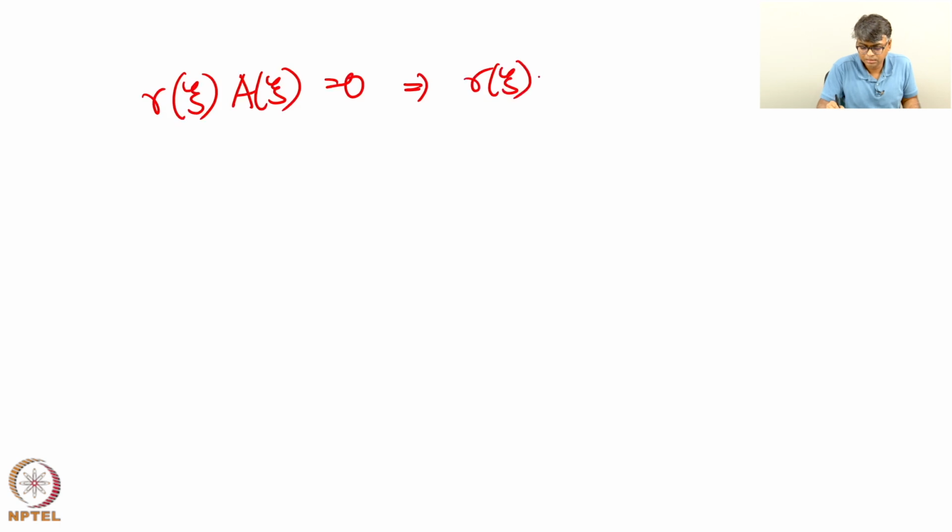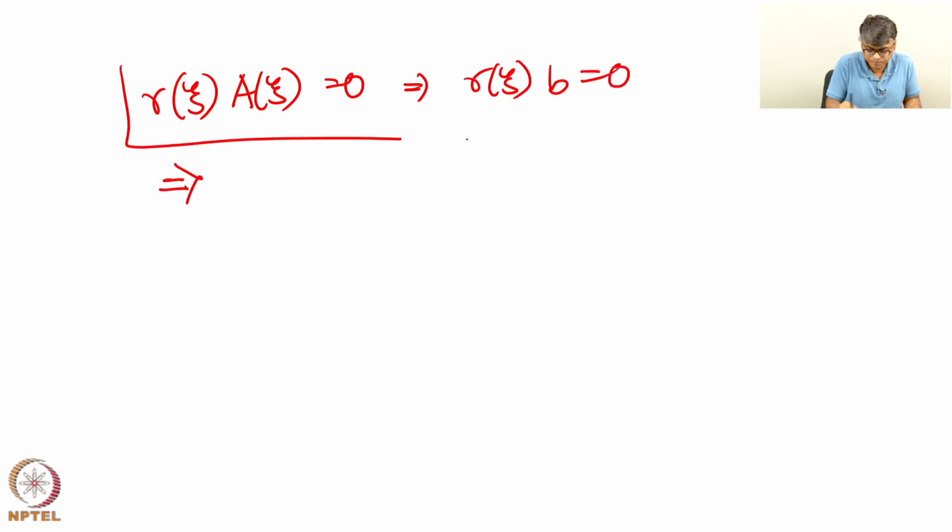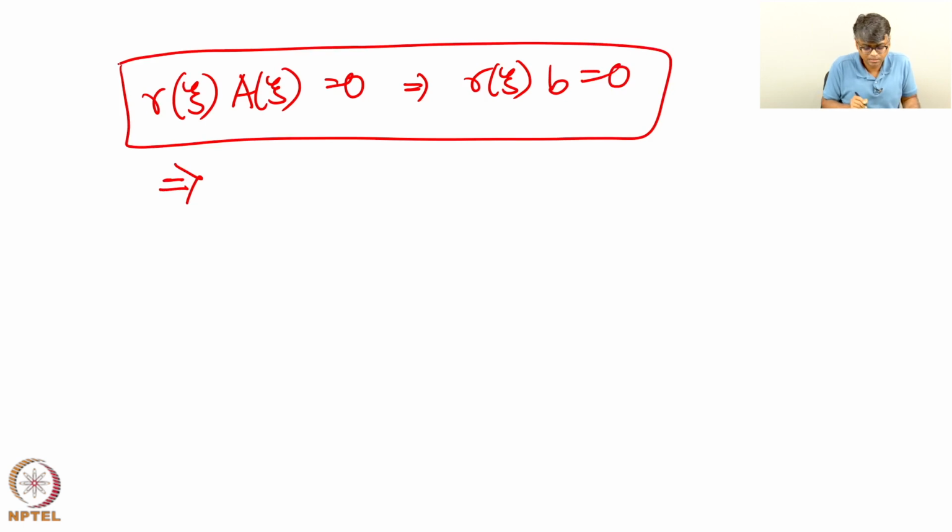So then we have this situation. R xi A xi equal to 0 implies R xi b equal to 0, for all R xi such that this, we have this also.